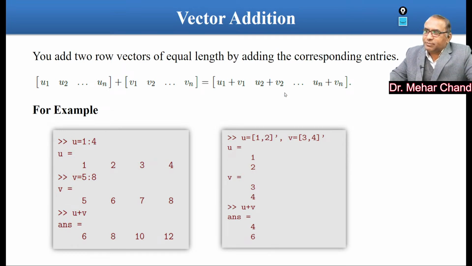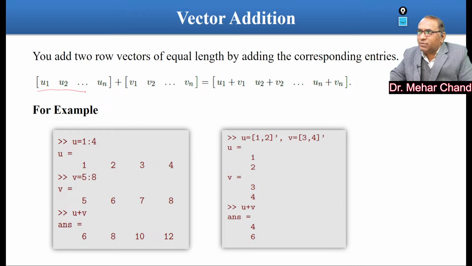Now, vector addition. Vector addition and array addition are both the same. These are element by element additions, and the length of both vectors must be equal. Only then is their addition possible.